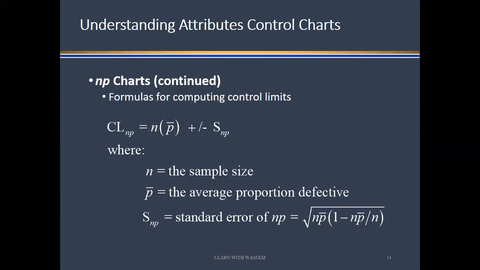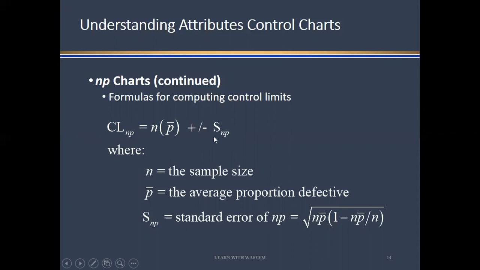Again, subgroup sizes must be equal. To compute the control limits on an NP chart, we can use the following formula. The control limit for the NP chart would be equal to N into P bar plus or minus, sorry, plus minus, sigma NP.